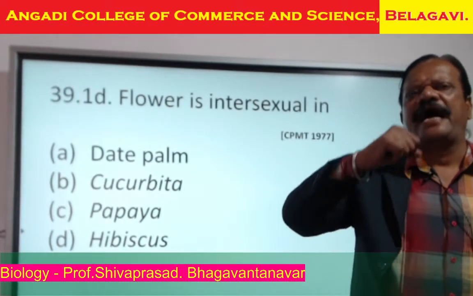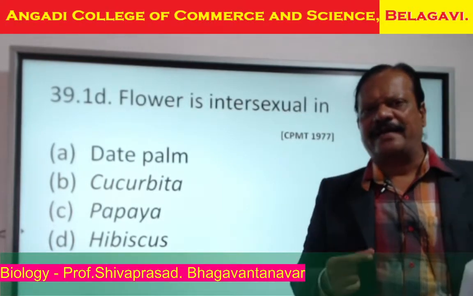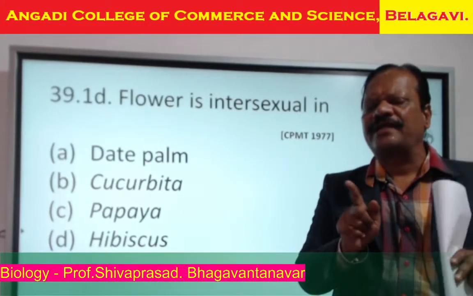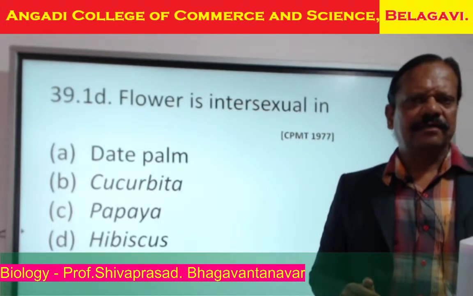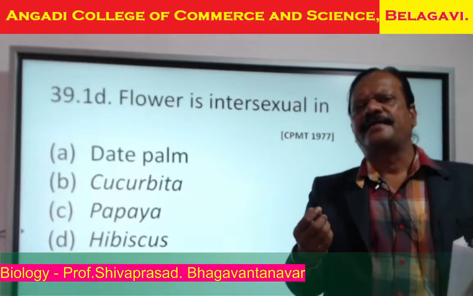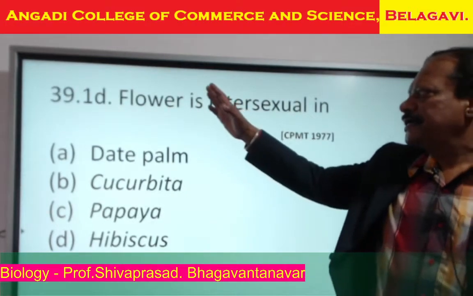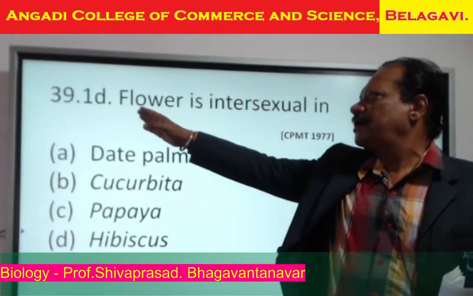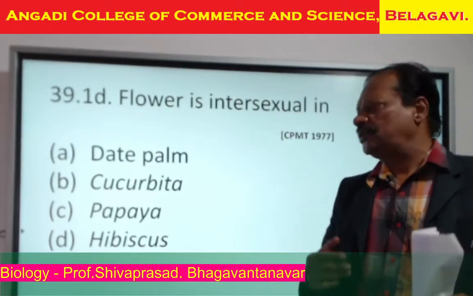Upper side you can see the stigma, and below that a long elongated pipe-like structure you can observe, and there on the side to it many number of androecium are arranged. And there the androecium and gynoecium, they are maturing, and then the pollen is released and pollination is taking place. So here option D is the right answer in the 39th question. So we'll move to the next question.